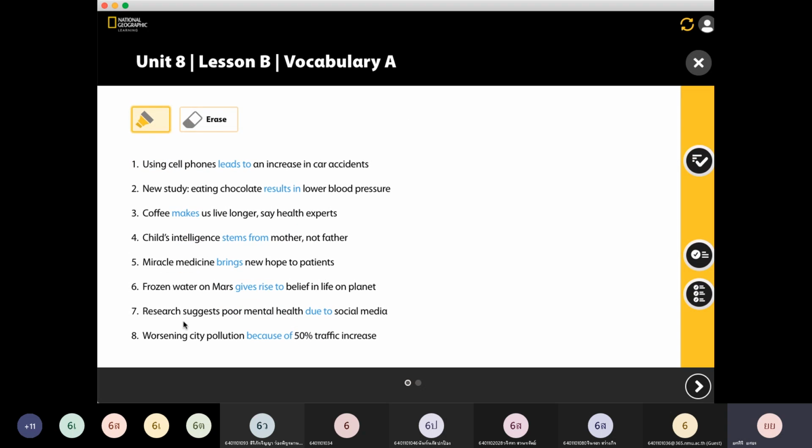Look at these 8 sentences, and can you tell me where the causes are? I'll give you about 5 minutes to find all the causes in these 8 sentences, and then we can talk about them together. Okay? Let's find the causes.